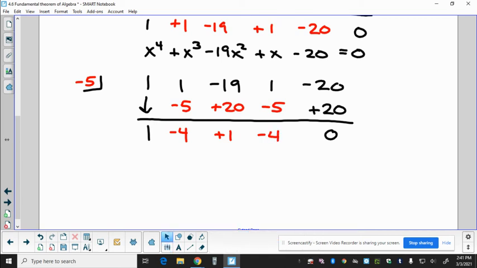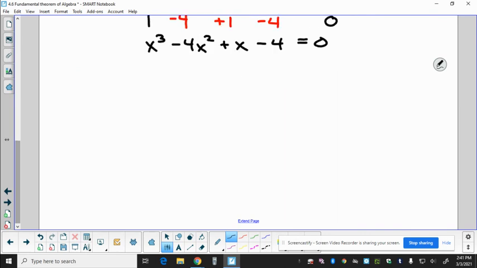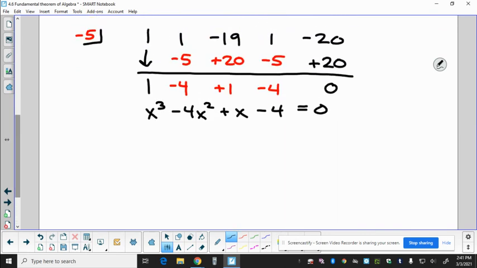I'm going to write the depressed polynomial down to x cubed. Will this be able to be solved by factoring? Let's take a good look. I think grouping will work. Okay, everybody, let's factor out an x squared.